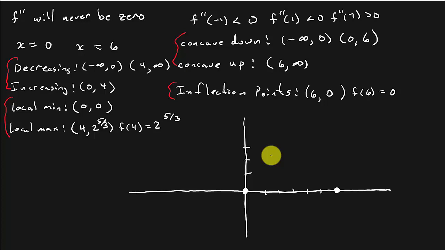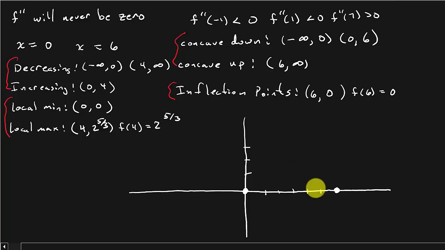That's 3.17. So that's going to be a little bit more than 3, so we're here at 4. So that point's going to be about right in there. There's 2, there's 6, 0.